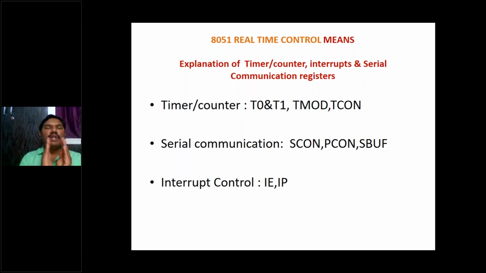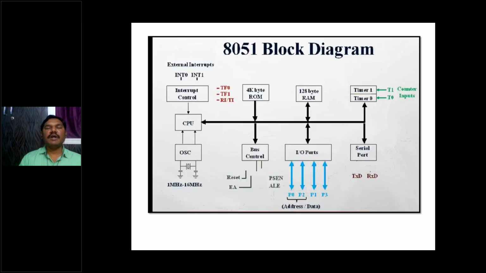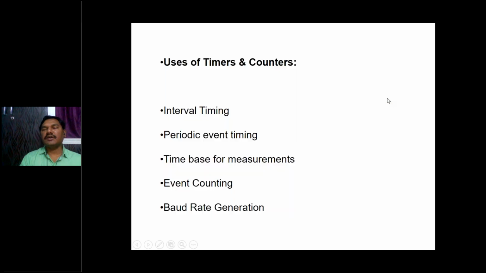Here we will see in detail T0, T1, TMOD, TCON, SCON, PCON. Timers or counters in detail are T0 and T1, TMOD, TCON. So 8051 internally has two registers related to timers, T0 and T1.